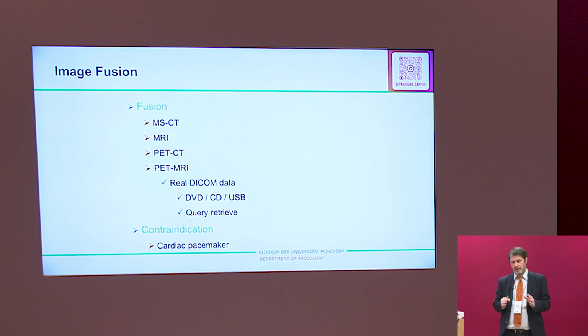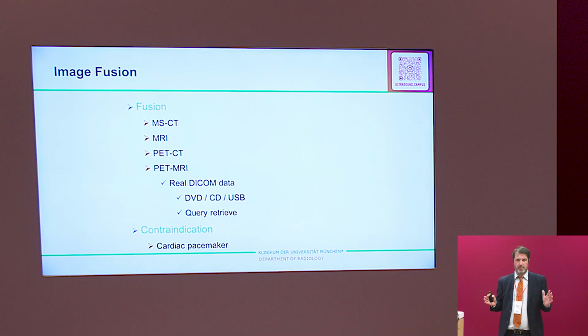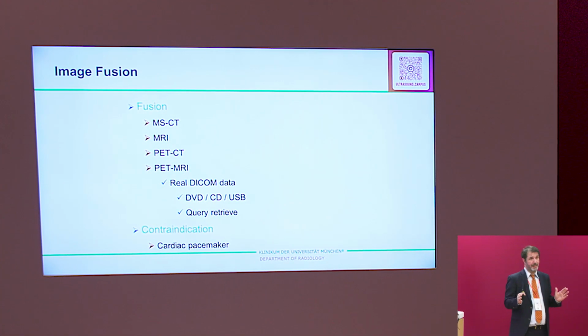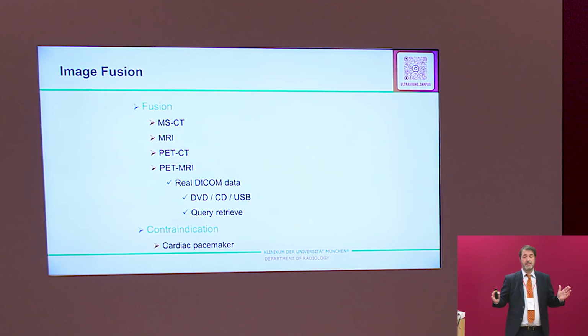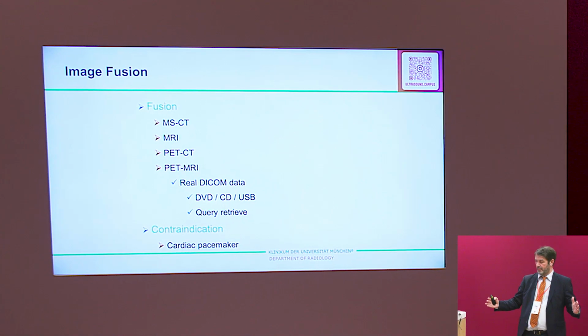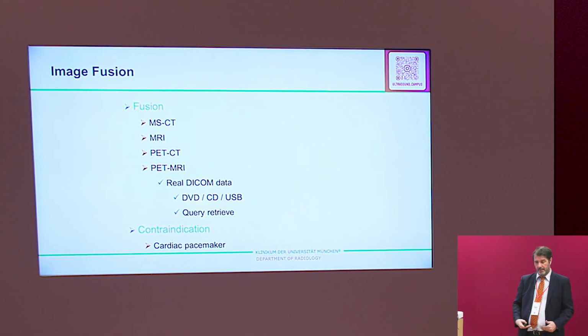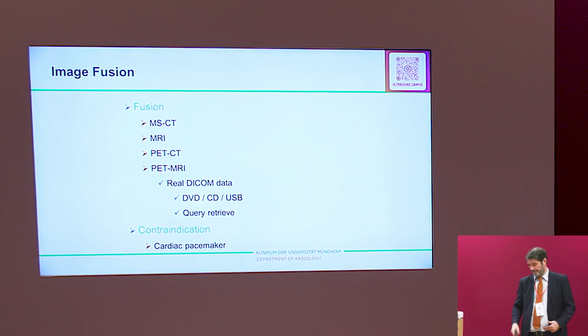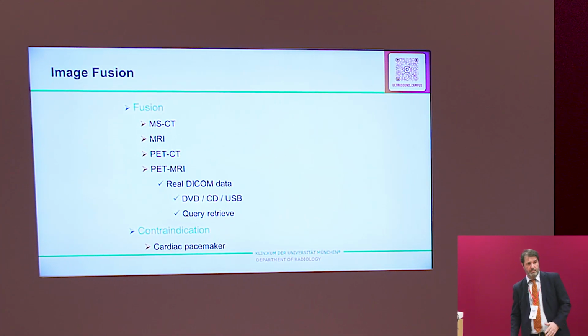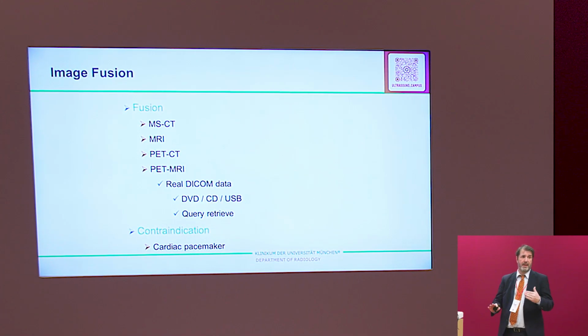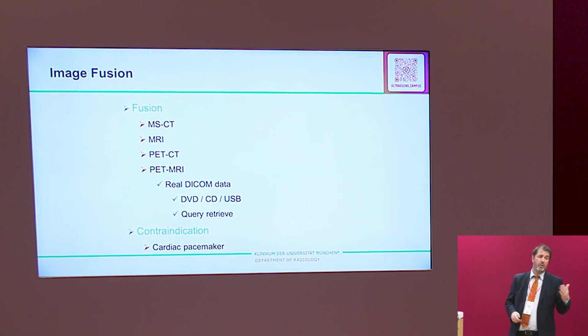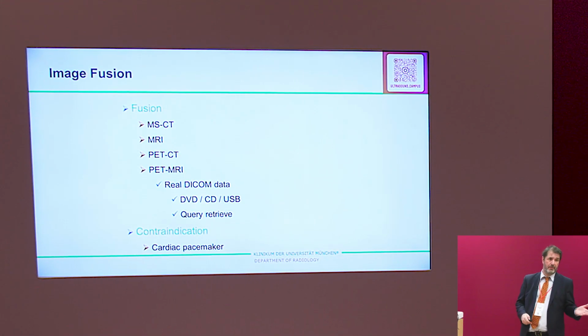The good news is the generator is not so strong that your credit card will be deleted. But it has got a field of about 6 centimeters. So if you would like to do fusion of the abdomen and the pacemaker is here, if it's really needed, you move the magnetic generator up to the knee, then it's far away. Or you have to check the pacemaker afterwards to see if everything is fine.